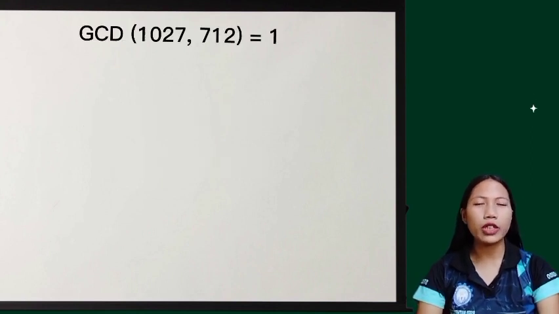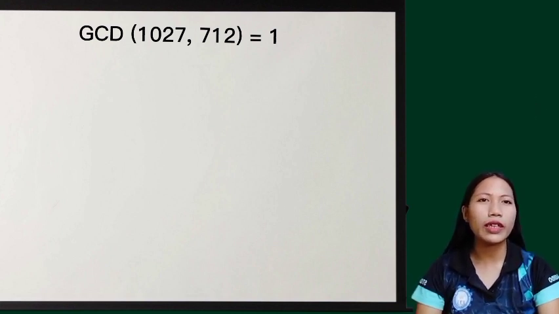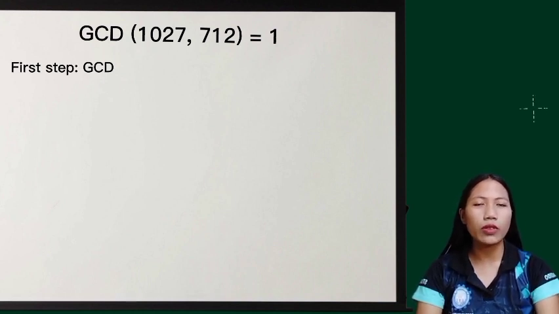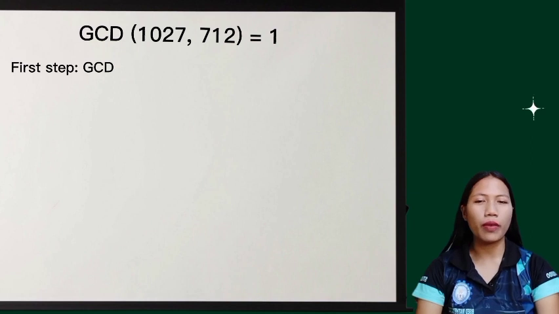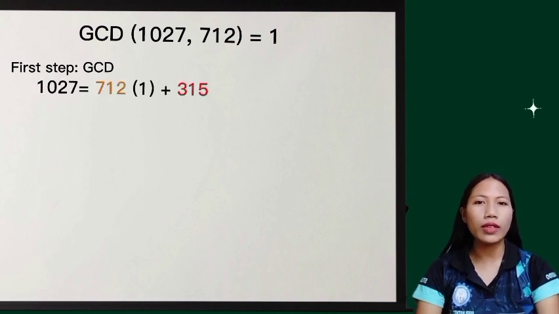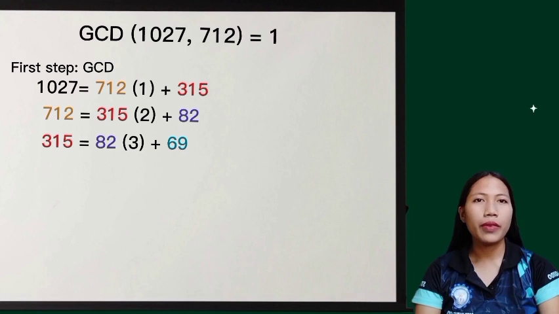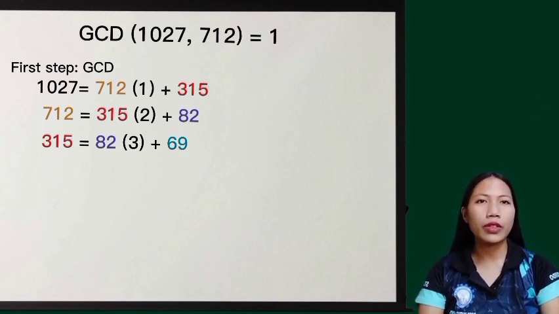We have here the GCD of 1027 and 712 is equal to 1. So first step, we need to get the GCD of 1027 and 712. So 1027 is equal to 712 times 1 plus 315. Then 712 is equal to 315 times 2 plus 82. And 315 is equal to 82 times 3 plus 69.